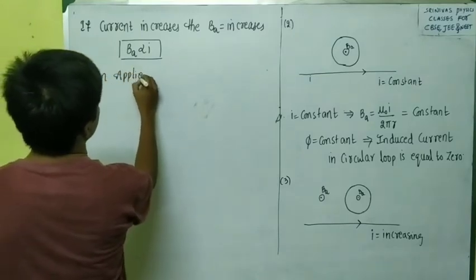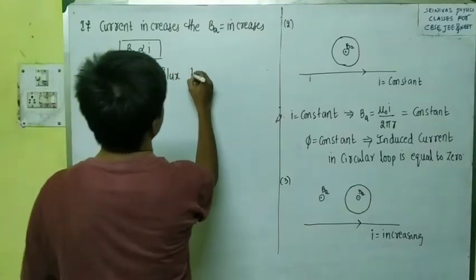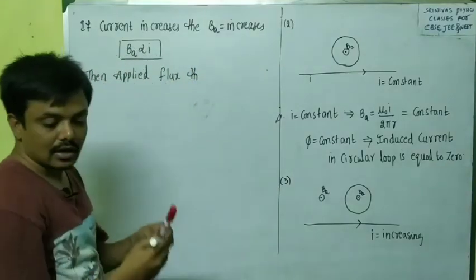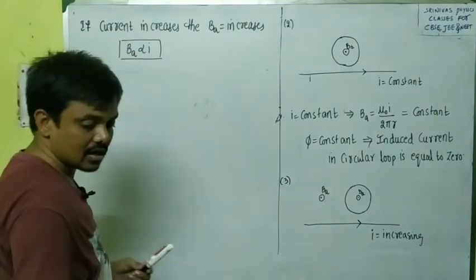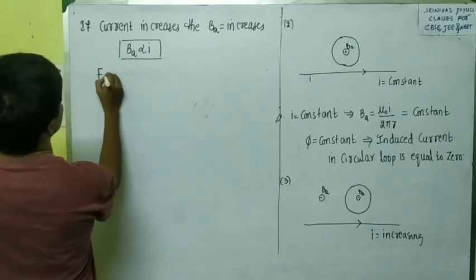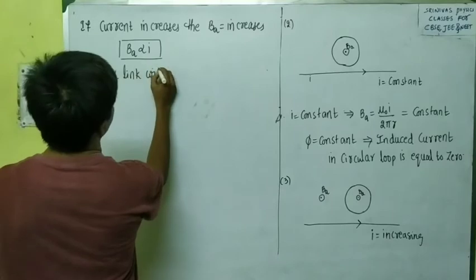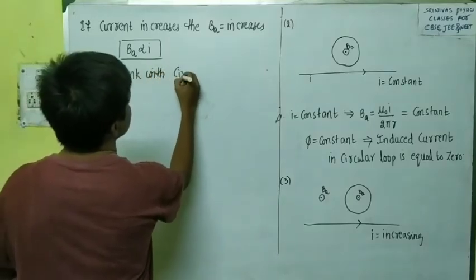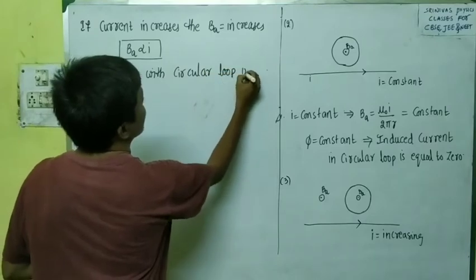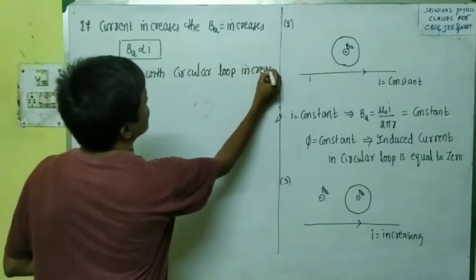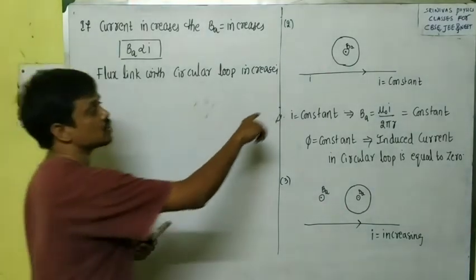Applied flux, or the flux linked with the circular loop, increases. When flux increases, the flux increase should be opposed. Flux increase should be opposed.